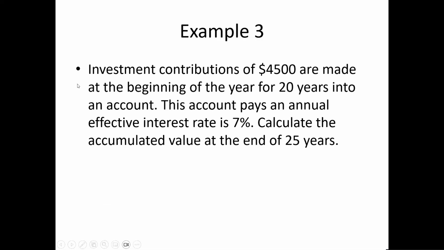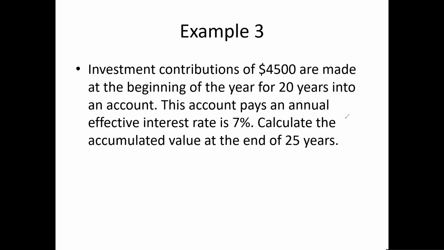Do I have another problem? Okay, yes, there's another problem. Investment contributions of $4,500 are made at the beginning of the year for 20 years into an account. This account pays an annual effective interest rate of 7%.